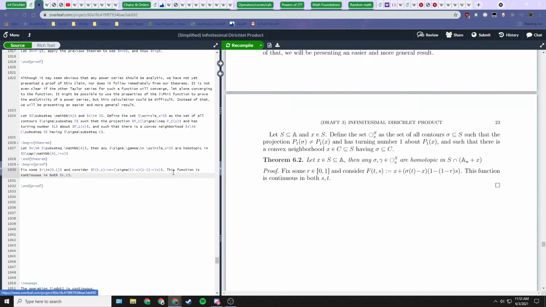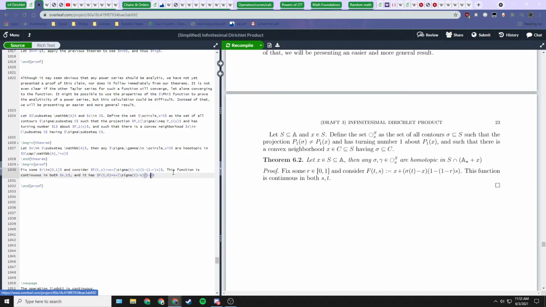So we'll say fix r in 0, 1, so this function is continuous in both s and t, and it has f of t, 0 equaling x plus this whole thing where s is 0.